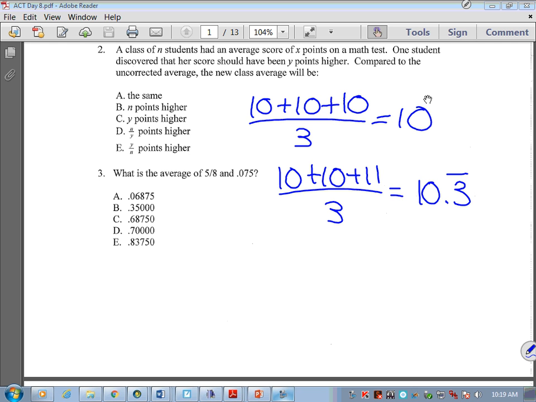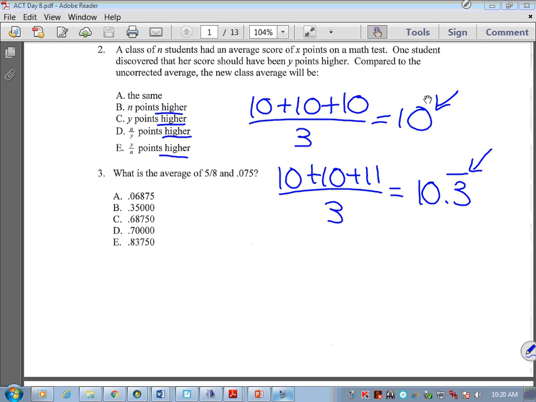So compared to the uncorrected average, the new class average will be what? And notice how these all read points higher. Nothing in there says 1/3 or 0.3 repeating points higher, because everything's algebraic anyway.